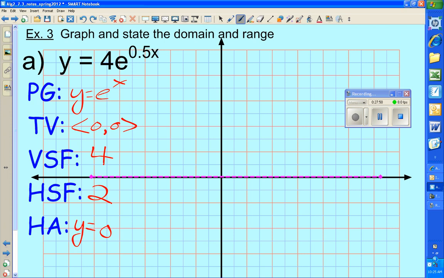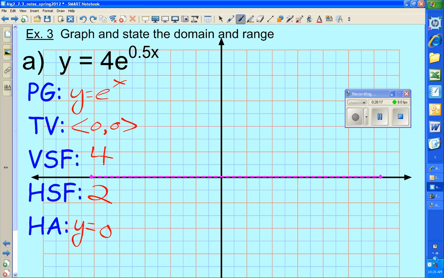Is everybody seeing the horizontal stretch factor being 2? Remember, can you tell me what b is in the picture, in the equation? How do we find out what the HSF is? 1 over b. Use your calculator if you can't do it in your head. 1 divided by 0.5 is 2. And for a lot of us, that's really a good way to go.